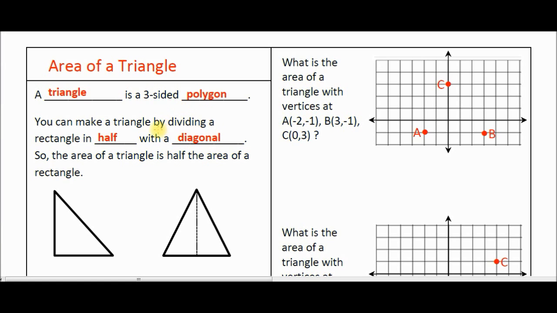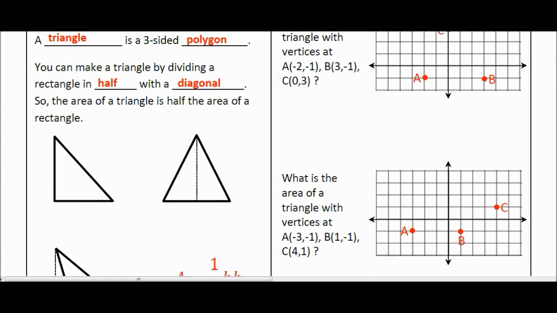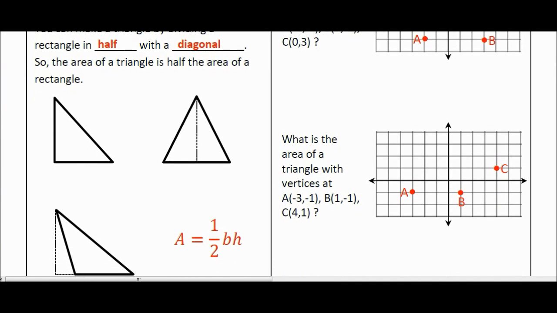And the reason I'm covering this is because this helps us to remember where we get the area formula of a triangle. So let's take a look at some of our examples here below, some triangle shapes. If you want to go ahead and write down here in the corner right now, the area of a triangle is equal to 1/2 of base times height.